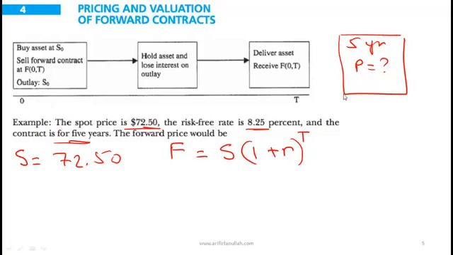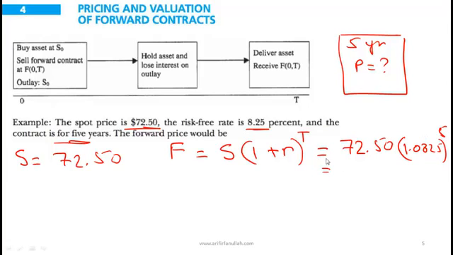So when the contract matures, then what happens? That's when the long needs to get the asset and the short is delivering the asset. Okay, so according to this formula, what do we do? The forward price would be simply 72.50 into 1.0825 to the power of 5.